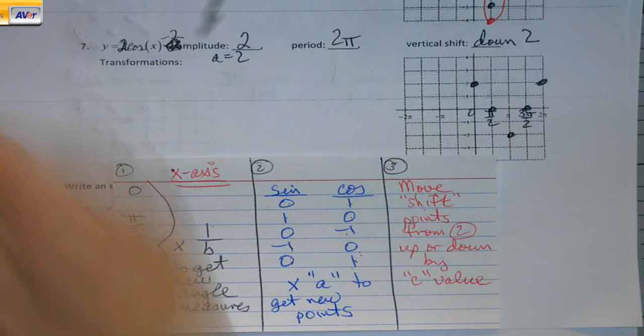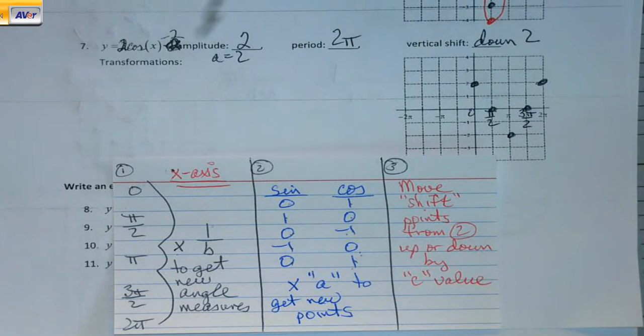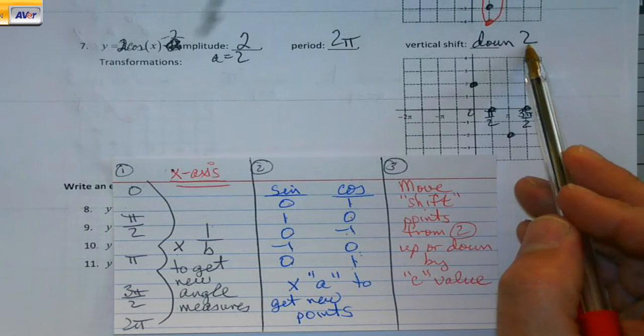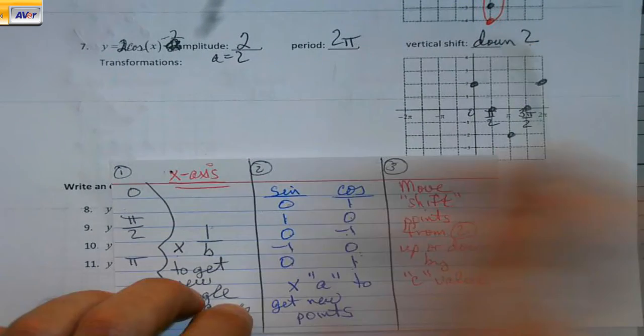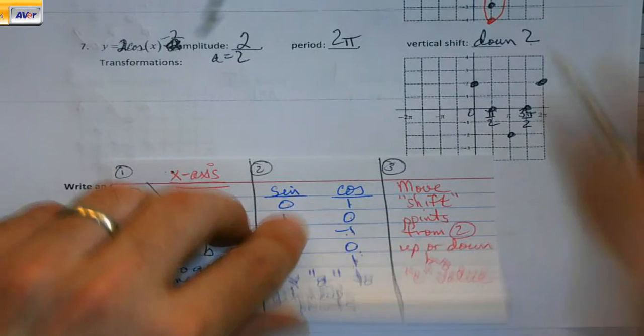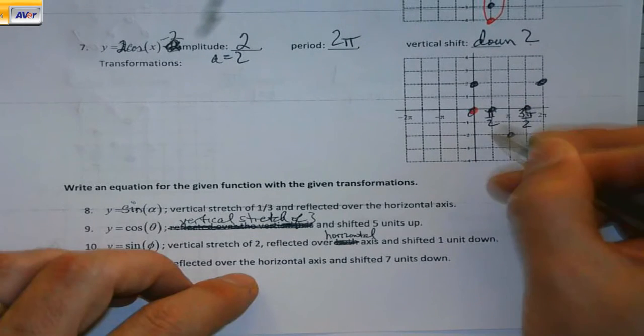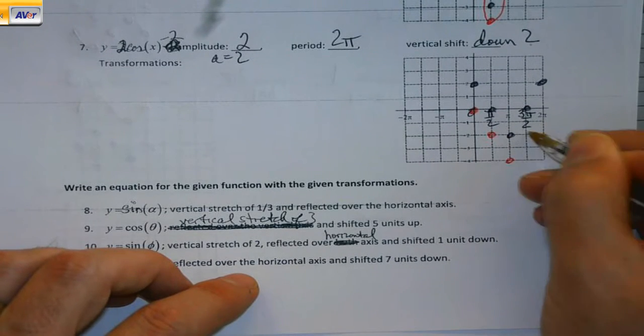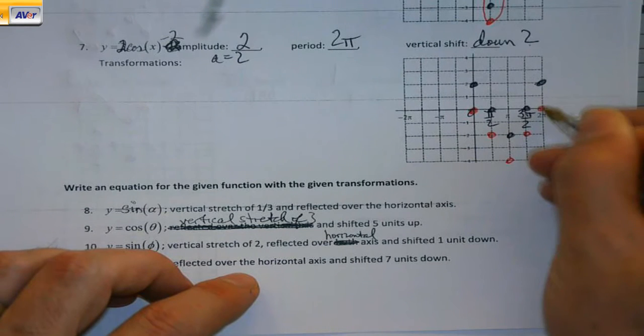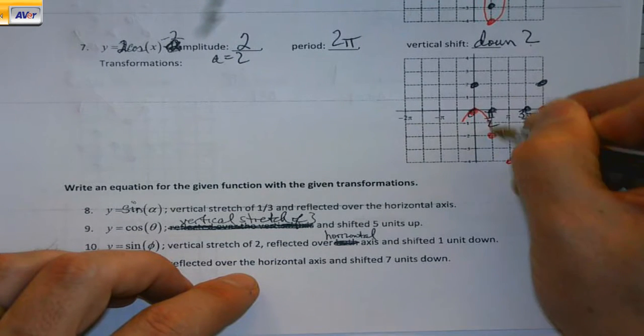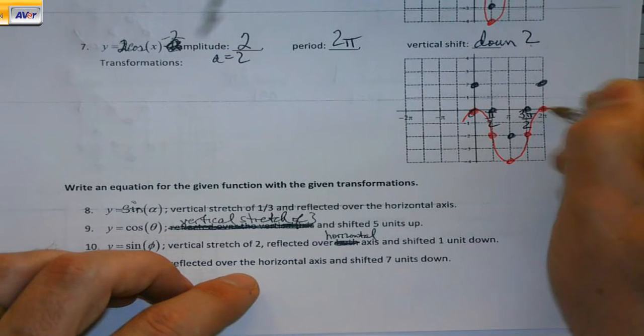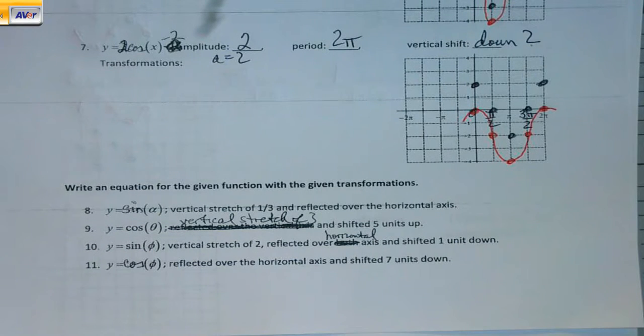So that's more of a classic cosine that looks more like a U. But I need to move each of those points, my C value, so we're going to move them each down by 2. And we're set.